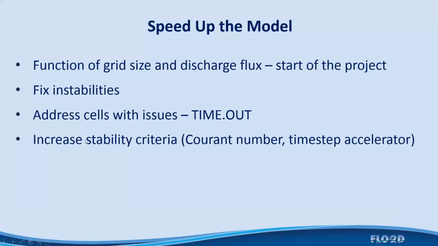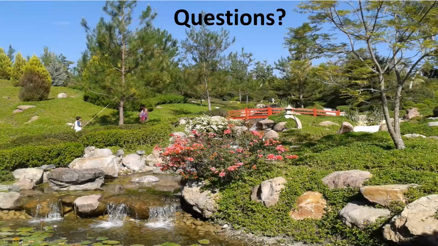I've forgotten what I entitled it. Address cells with issues, and that's the time.out file, which ones are choking the model. And if everything looks good, then just increase the stability criteria. Take Courant number from, maybe you had it 0.4, up to 0.6, 0.8, and then use the time step accelerator until you start seeing lack of convergence in your model.